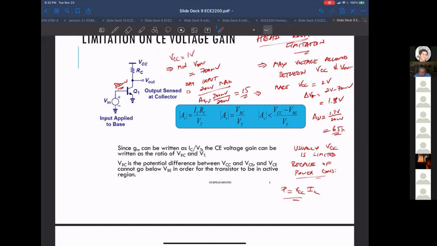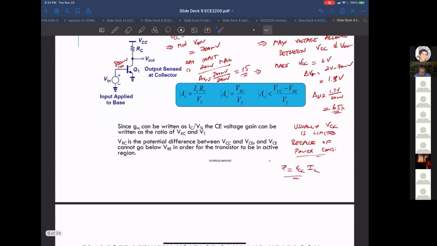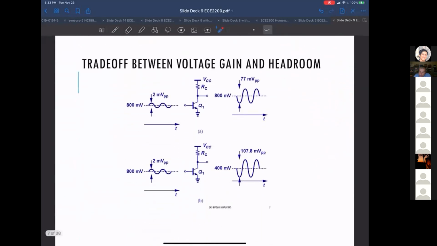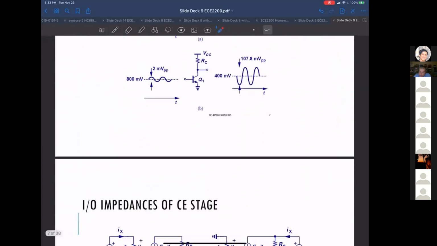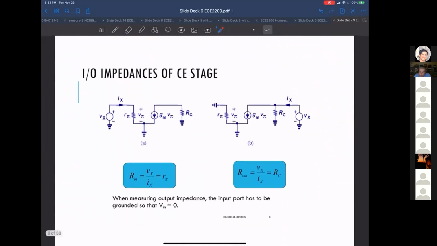Your power consumption went up by 2x by doubling VCC. And if you're not in a portable situation, that power typically just translates into heat, and there's only so much heat you can economically remove from your circuit. So in all cases, power consumption is really important. Okay, so we kind of talked about this in terms of headroom.